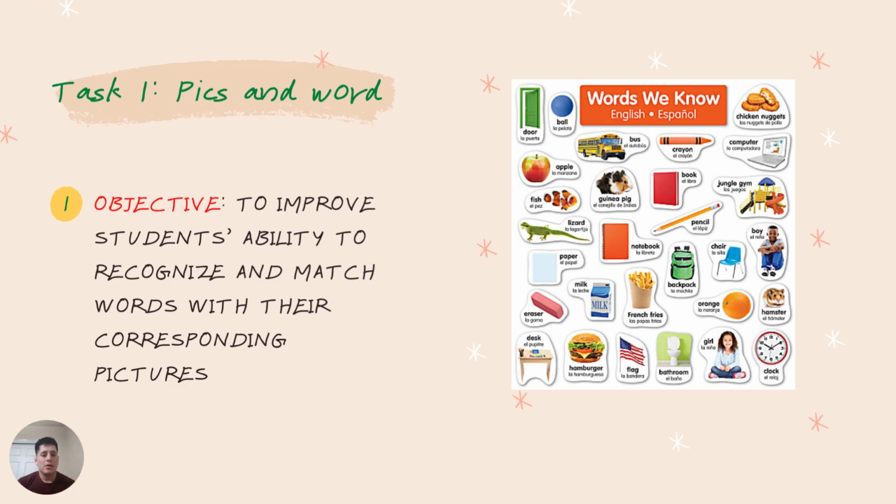A brief postscript: when I say that I named this task pictures and words, it's just a way of saying it, because the development of this task I did with previous research, and all these tasks have scientific basis. So I will leave the references at the end of the presentation.